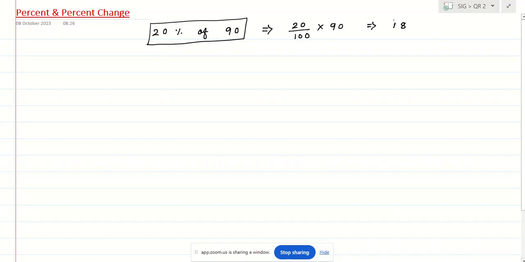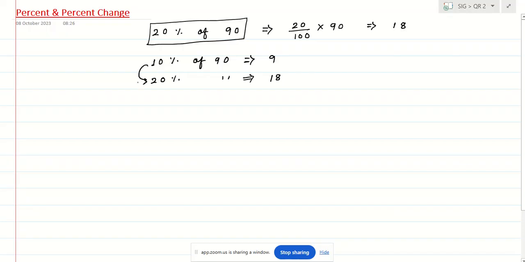18. One more approach people use, and this is a very efficient approach, is to find the 10% first. The 10% of 90 is nothing but 9. Correct? So how to find the 20%? Twice of 10%, twice of 9. That is 18.